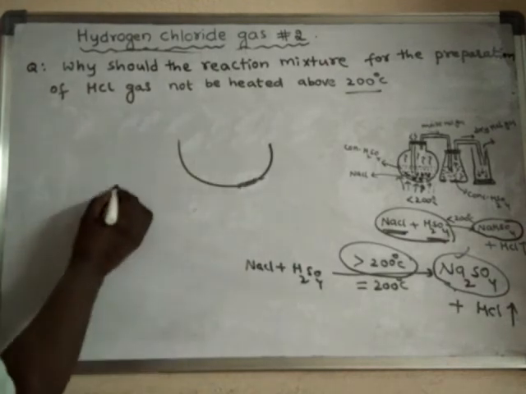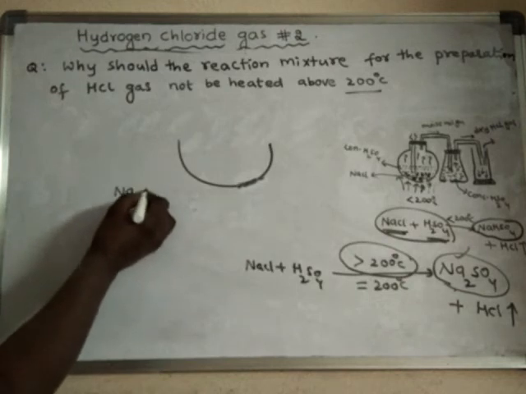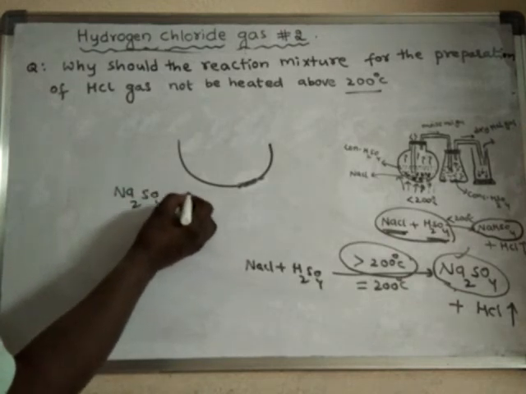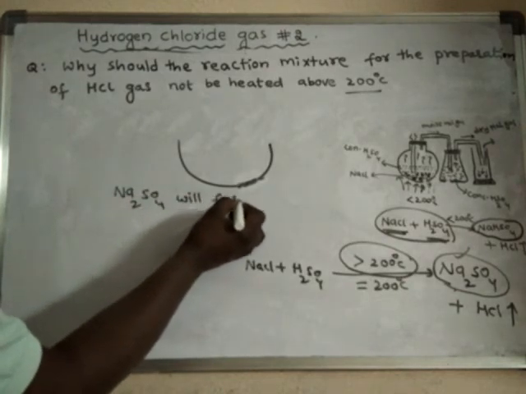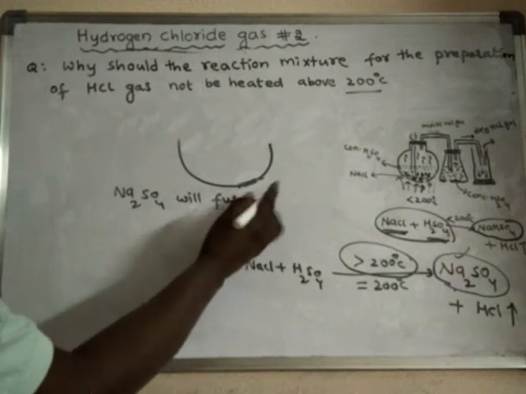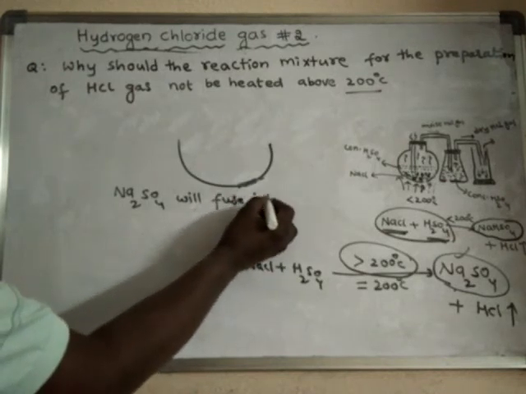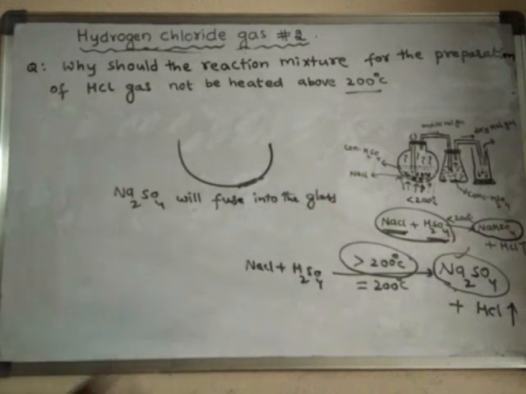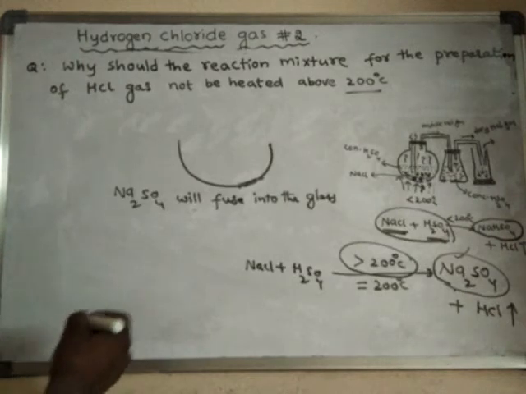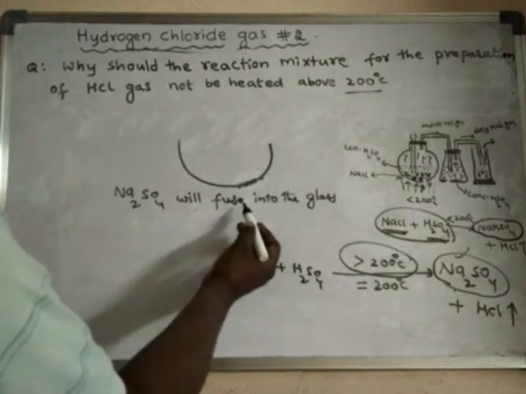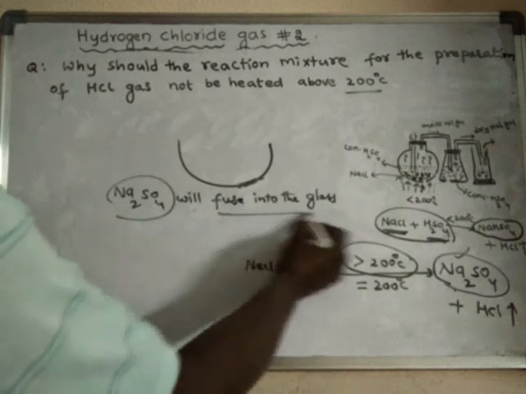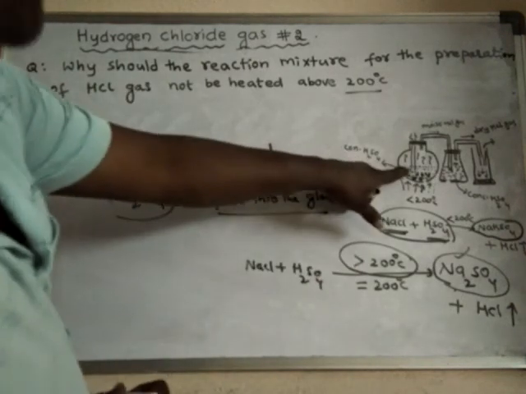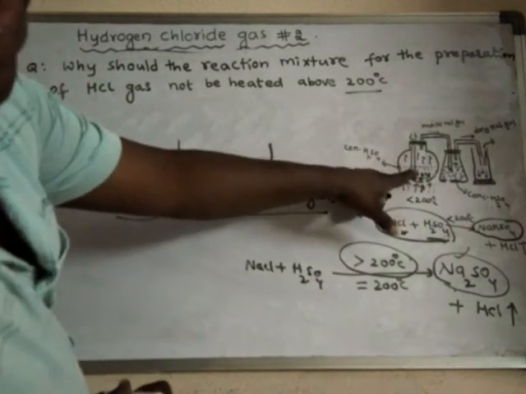That means sodium sulfate will fuse into the glass. If sodium sulfate is fused into the glass, what happens? This glass apparatus is actually very costly.